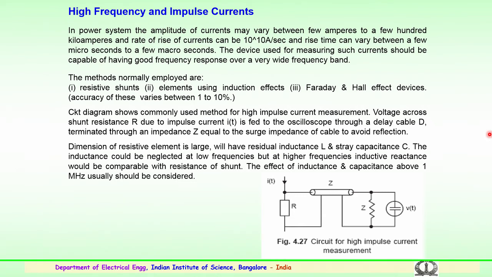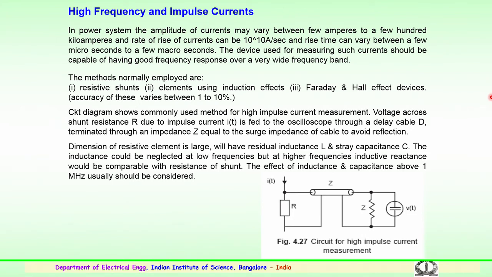In a power system, we know the amplitude of currents seen in the transmission network could vary between a few amperes to a few hundreds of kiloamperes, and the rate of rise of these currents can be of the order of 10 to the power of 10 amperes per second.